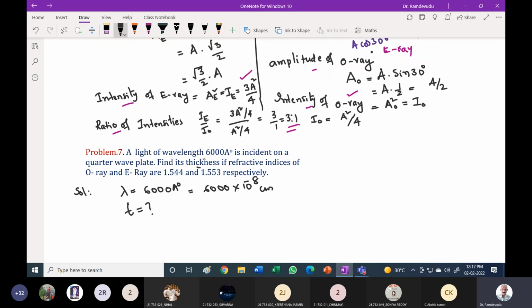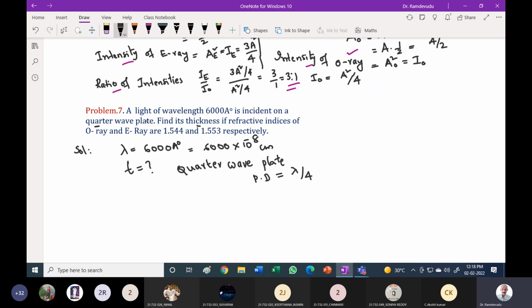A light wave is incident on a quarter wave plate. So a quarter wave plate will introduce a path difference between O ray and E ray equal to lambda by 4. It's a quarter wave plate, so that introduces this value.